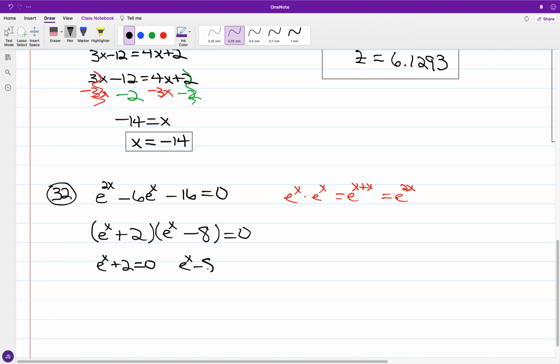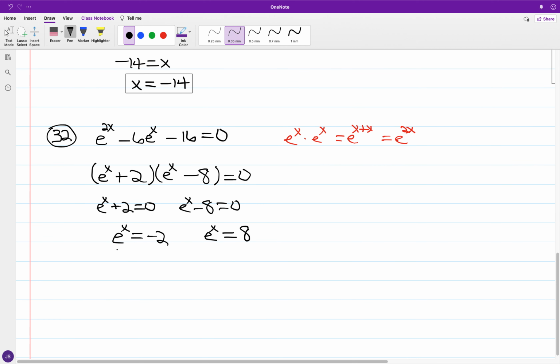Setting each of the factors to 0 using the zero product property, I have e to the x is equal to negative 2. For e to the x minus 8 equal to 0, I have that e to the x is equal to 8.